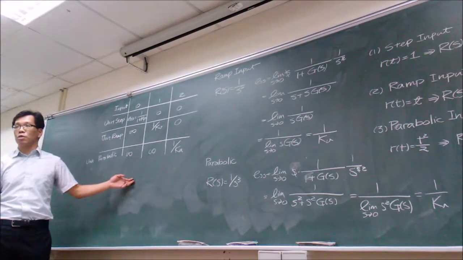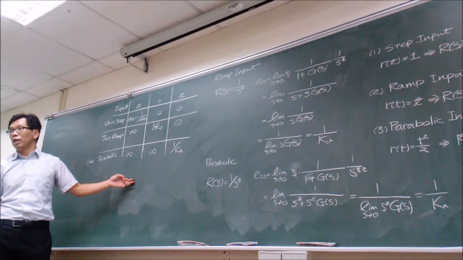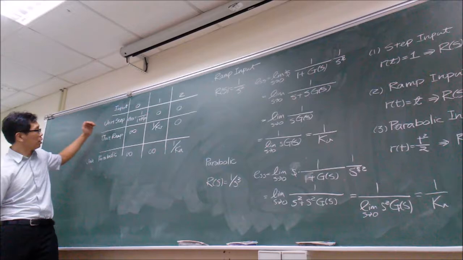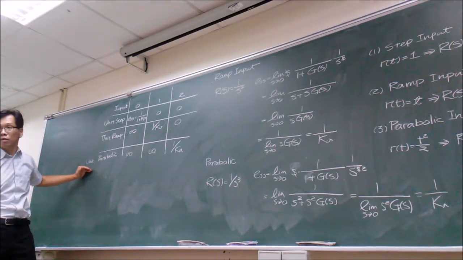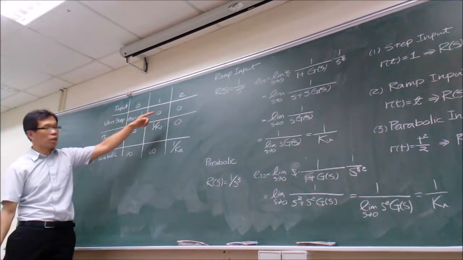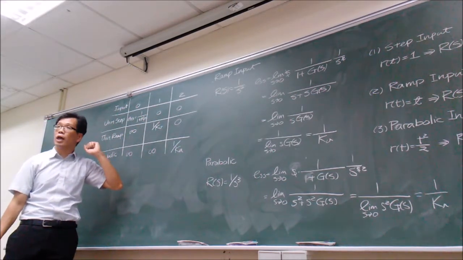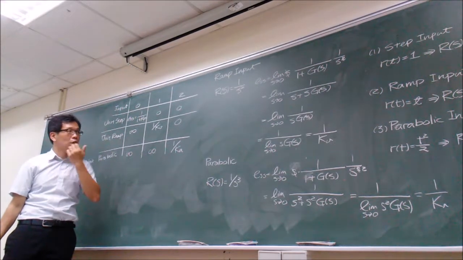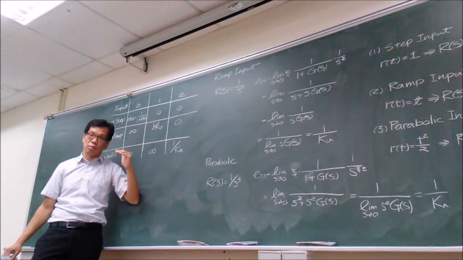So this is how we define system types. Depending on the system type, corresponding to whether it's unit step, unit ramp or unit parabolic, we're going to have 0 steady state error or we don't. So if you want zero steady state error for a step input, how many integrators should you have in your system?